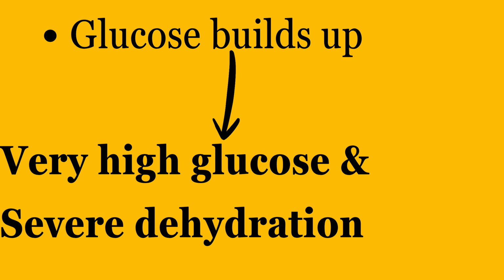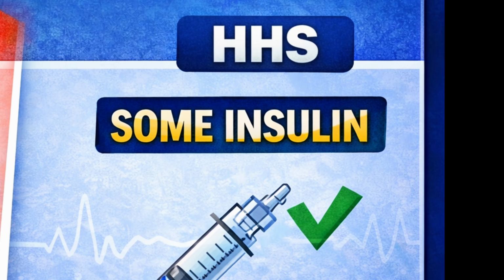Because it's so much, it's pulling so much water, leading to severe dehydration. Remember to watch the video on the disease process of diabetes mellitus. It is the video before this one. It's a 10 minute video and it will help you to understand this better.